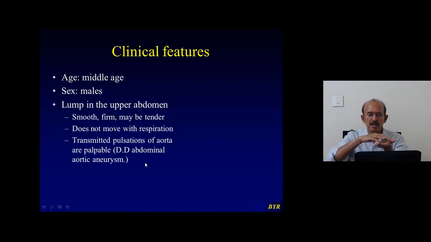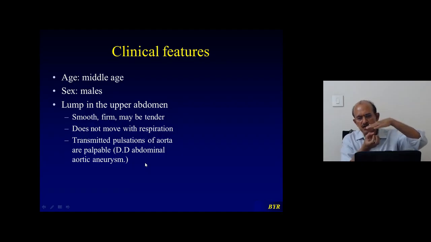Then ask the patient to turn to knee-elbow position, and feel the mass. If the mass is not from the aorta but is situated just in front of the aorta, in knee-elbow position what will happen to the pulsations? Will the pulsations be present or absent?